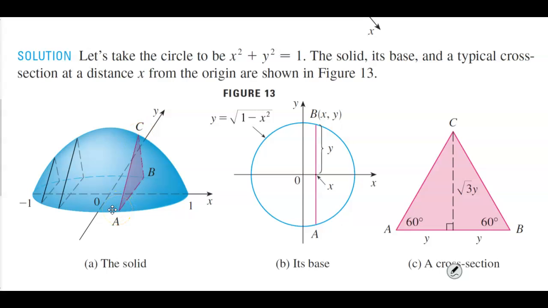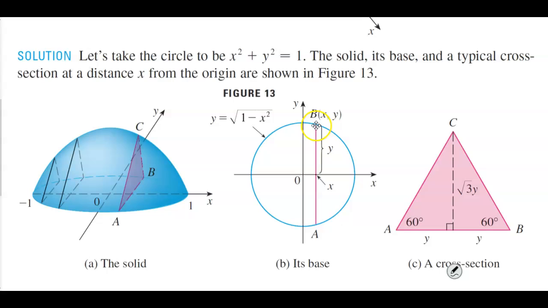Now, if you notice here that the circle is in the form of x squared plus y squared equals 1, and what we want to do, just like we did in our previous examples, is solve for y. Solving for y of this equation gives us the square root of 1 minus x squared.